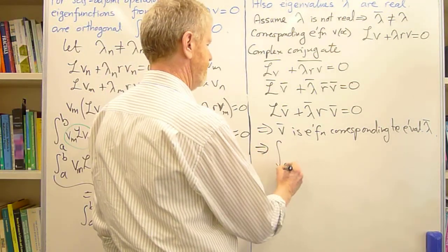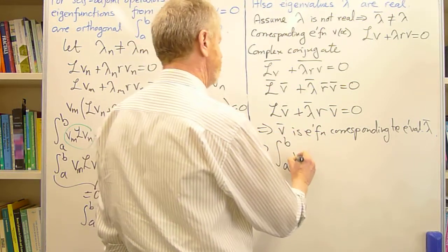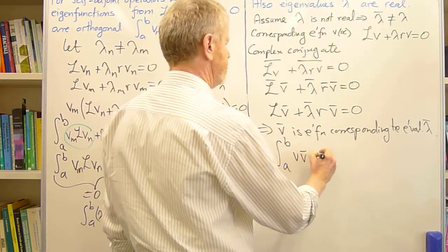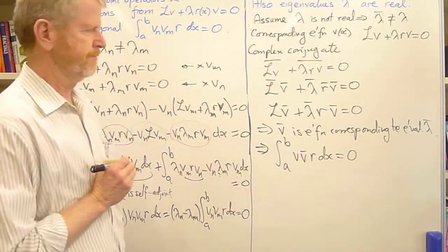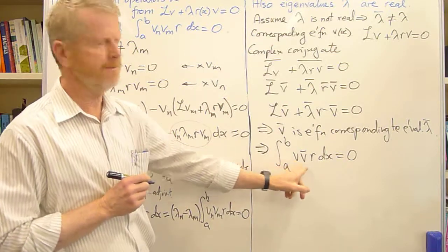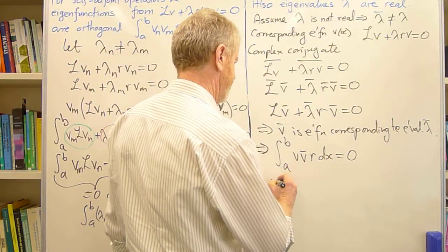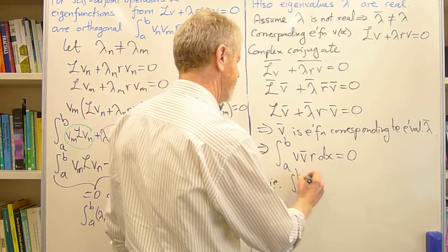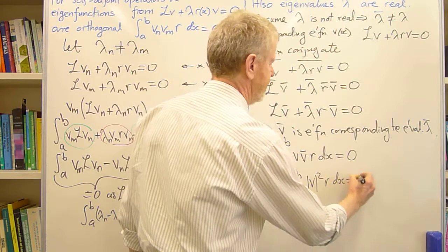So we can immediately deduce that the integral from a to b of v v bar times r dx has to be 0. But this product v v bar, we know what that is. That is nothing other than mod v squared r dx, and that has to be 0.